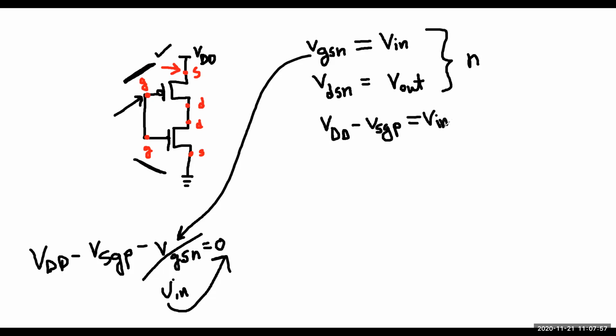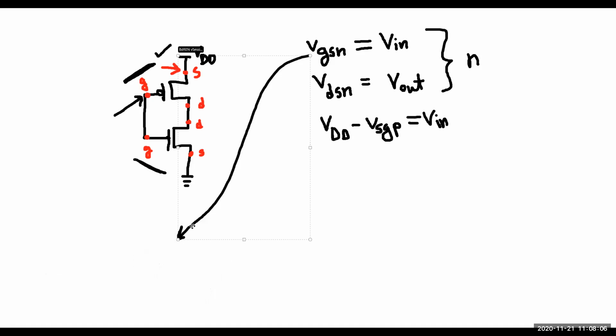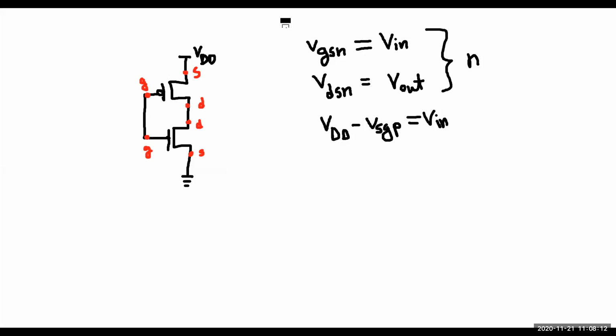For the output side, we should apply another KVL. We apply a KVL on this side. So VDD minus VSDP minus VDSN equals 0.